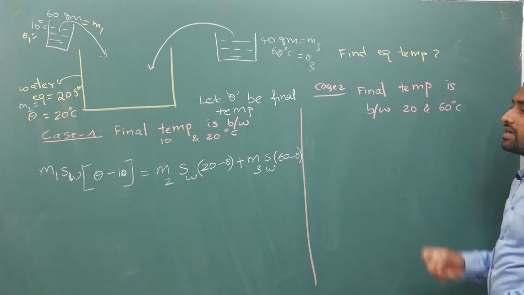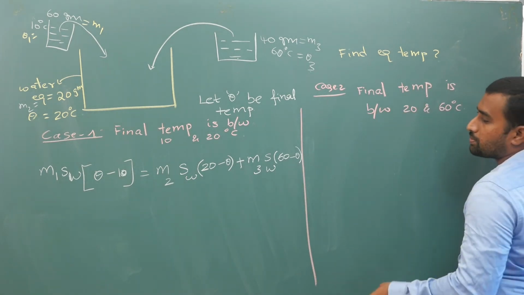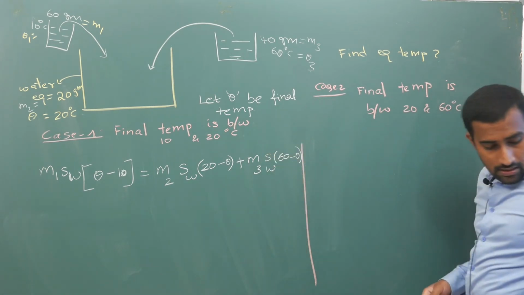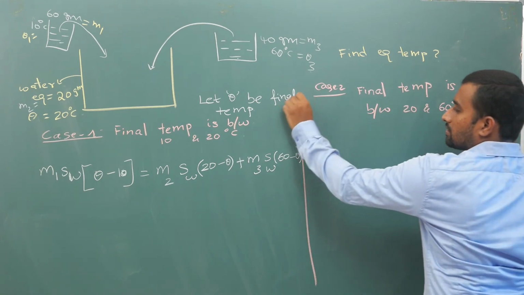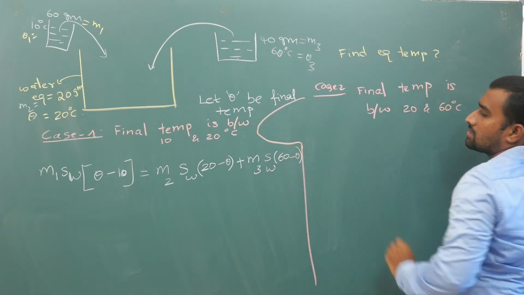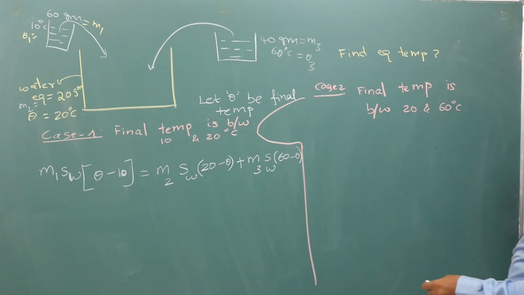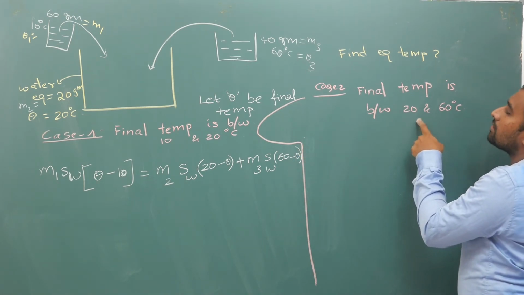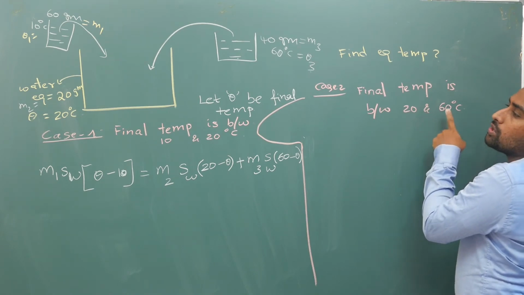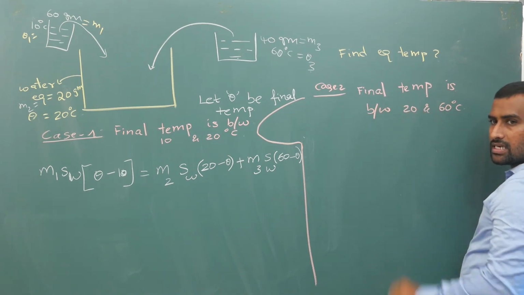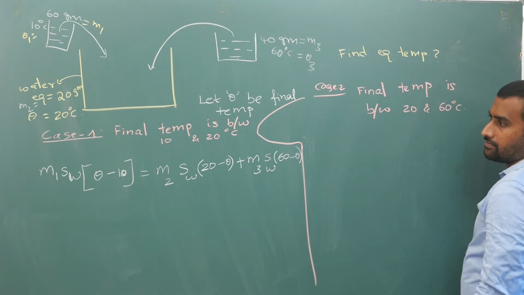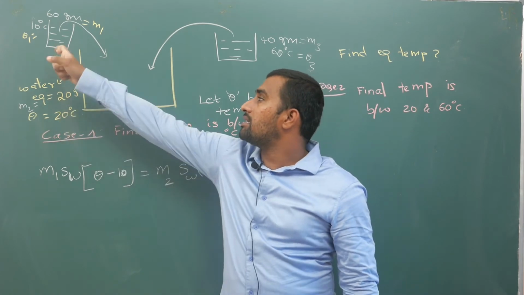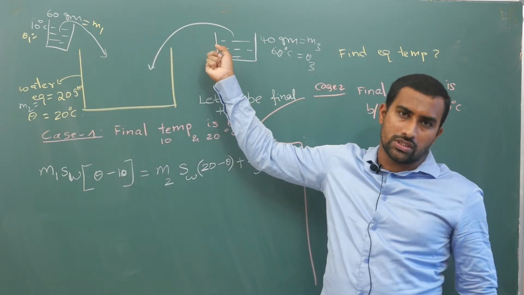Here in this case, if you write the equation, I need some space, so I will just erase this small line here and then I will close it like this. So I will start writing the equation. Now if temperature is between 20 and 60, both the 20 degrees centigrade body and the 10 degrees centigrade body will gain heat energy. So if theta is greater than 20, this will gain heat, this will gain heat, and this will lose heat.